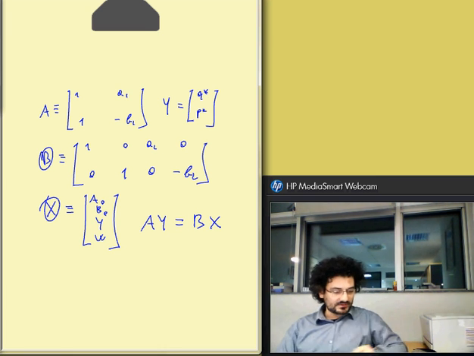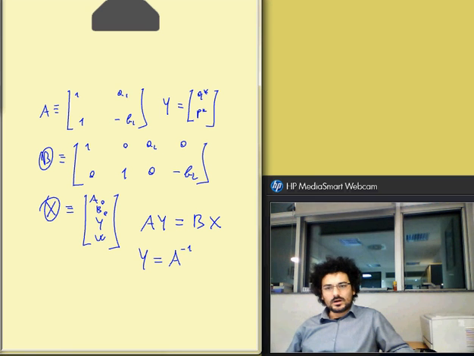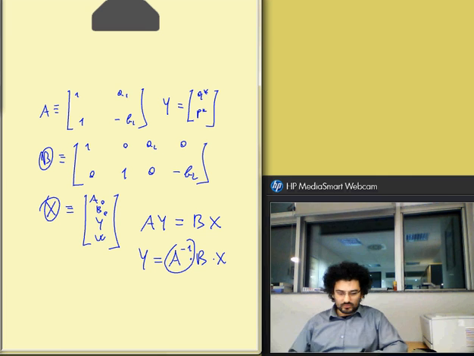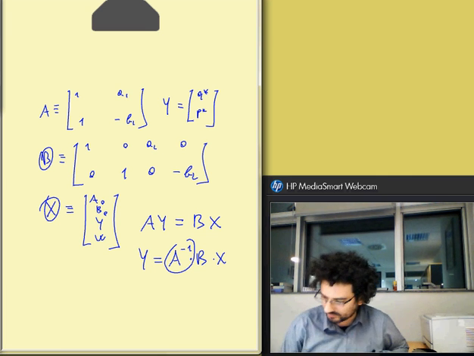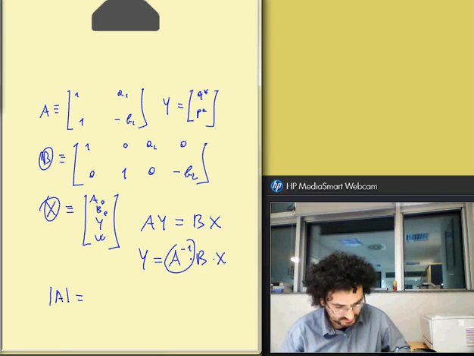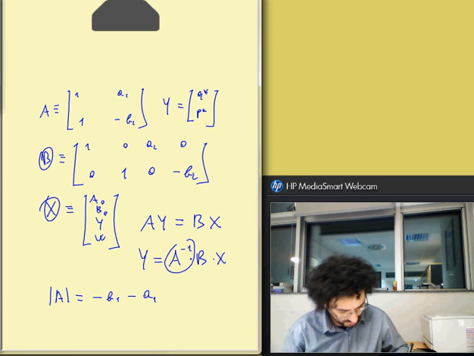Now, in order to solve this system, we know that we can compute Y as the inverse of matrix A, the matrix of coefficients of endogenous variables, times B times X. So we need to compute as first step the inverse of matrix A, and for that we first need the determinant of matrix A. This is very simple because it's a 2 by 2 matrix, and the determinant is minus B1 minus A1.